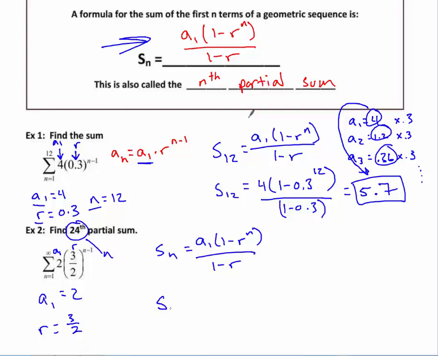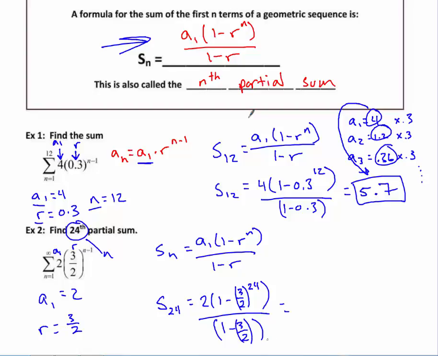So the sum of the first 24 terms of this series is 2 times 1 minus 3 over 2 to the 24th over 1 minus 3 over 2. Again, all that can go straight in the calculator, as long as you get your parentheses right.